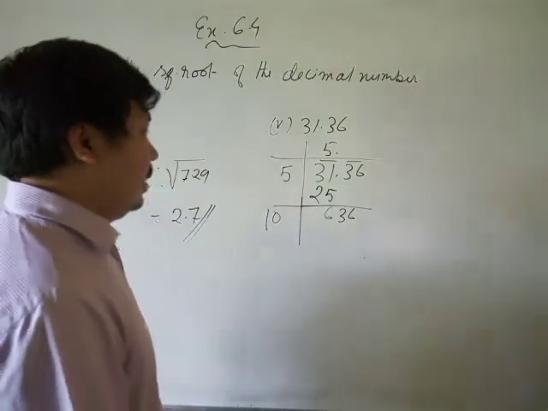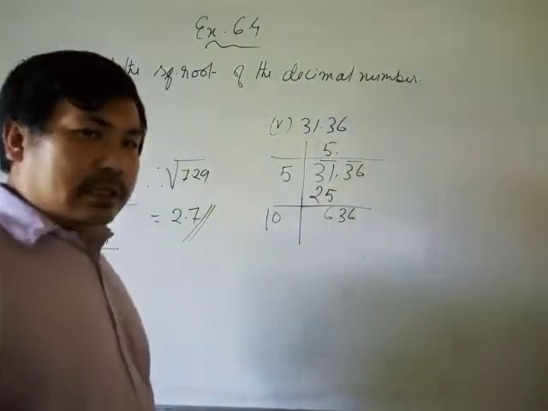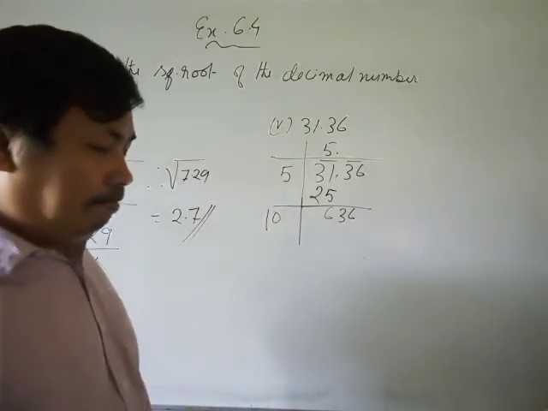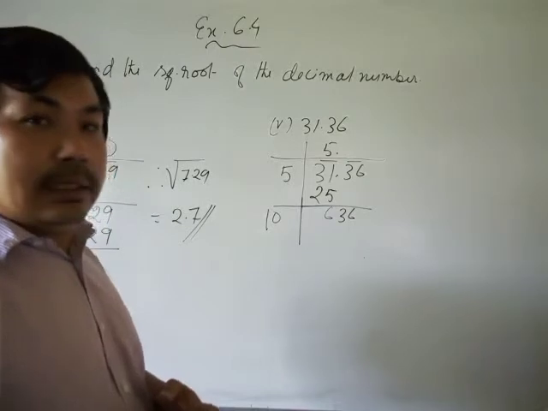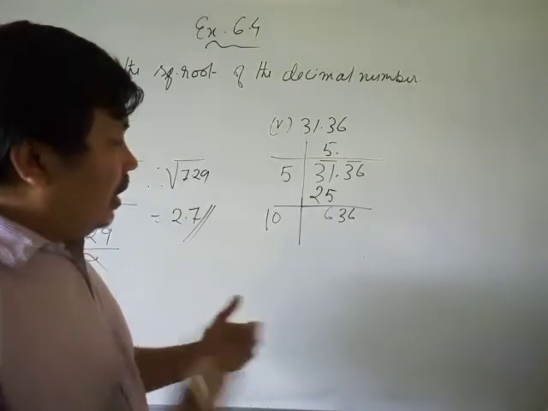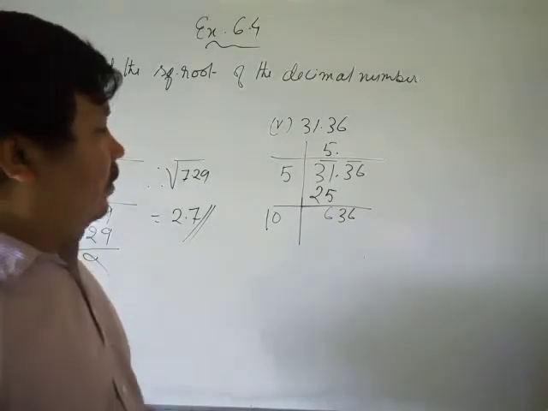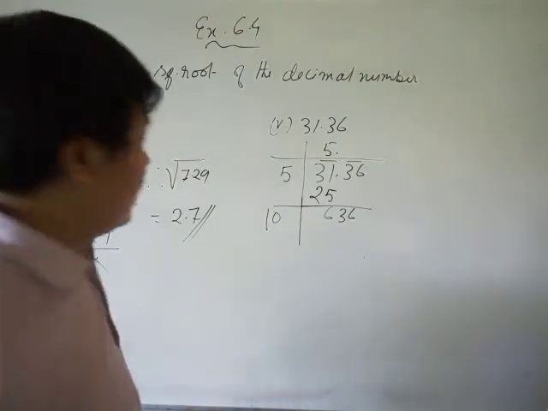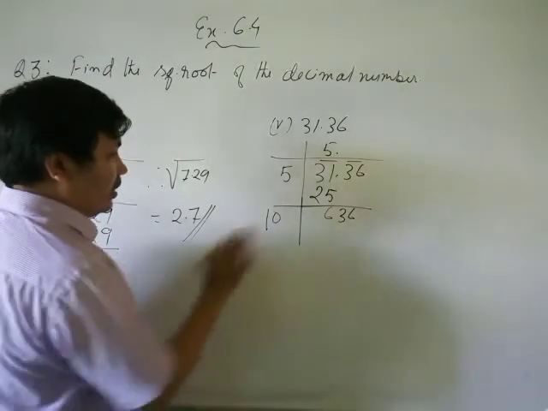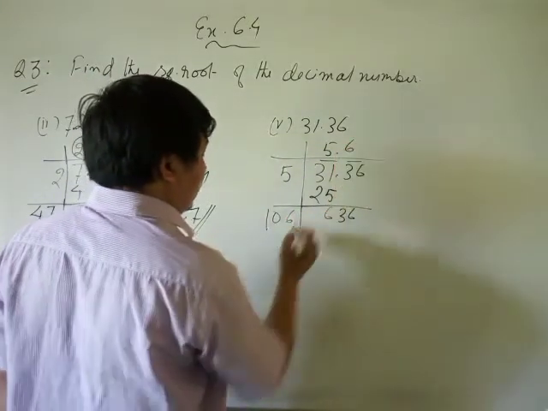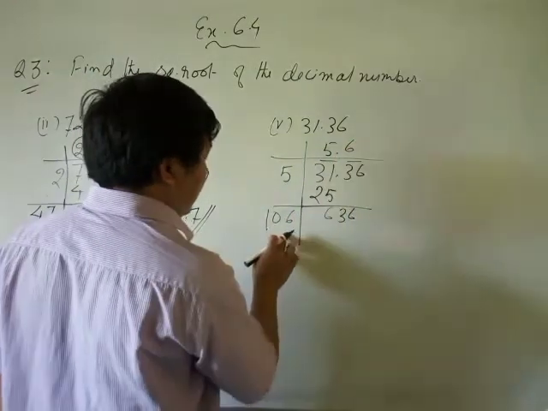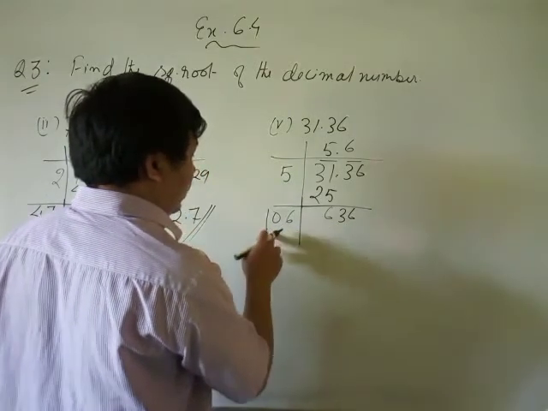That is 4 4s are 16 or 6 6s are 36. 6 or 4. Let us take 6, because 6 6s are 36. 6 1 6. We got it.